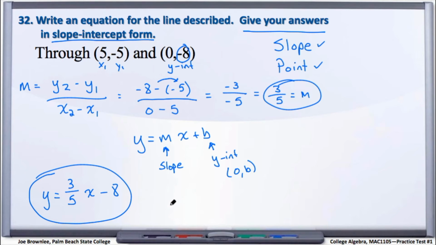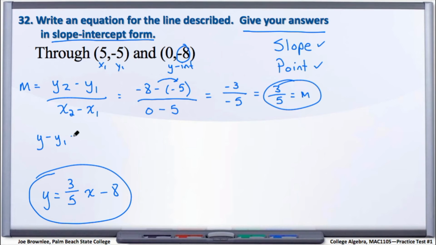Now, if you don't want to go directly to slope-intercept form, perhaps you didn't notice that this was the y-intercept, we can back up a little bit and use the point-slope form and we'll get to the same answer. You'll remember that the point-slope form is y minus y1 equals m times x minus x1.